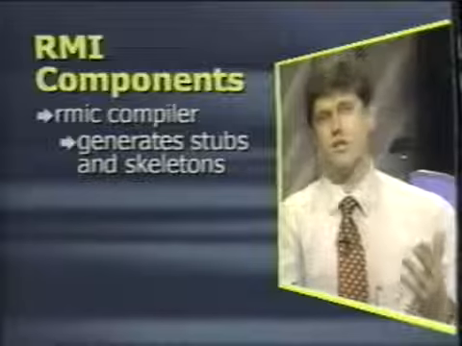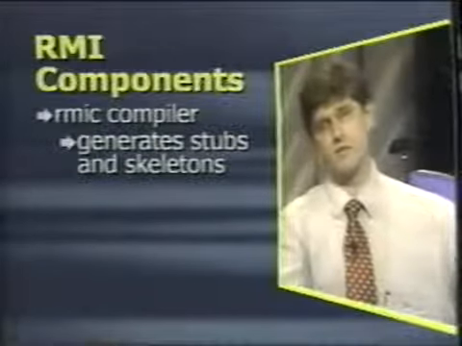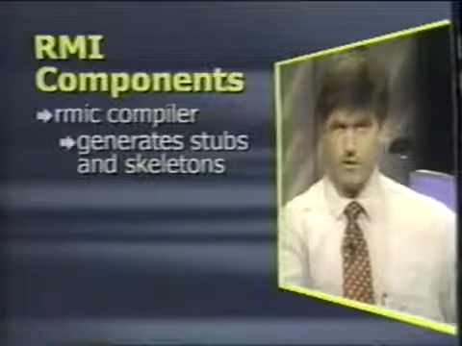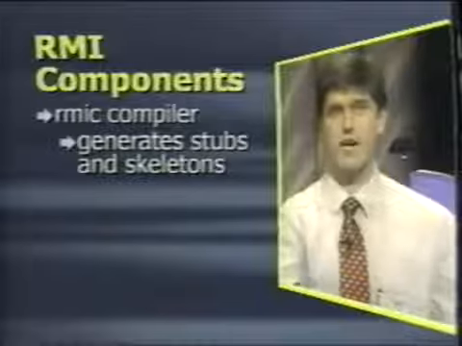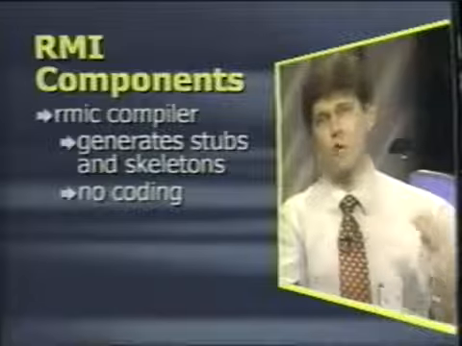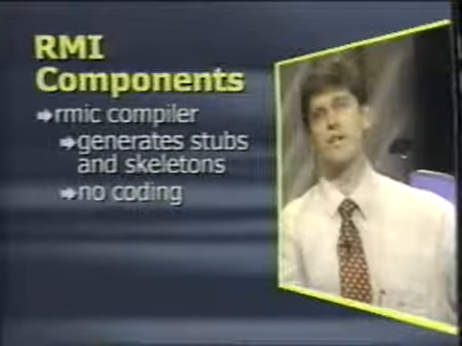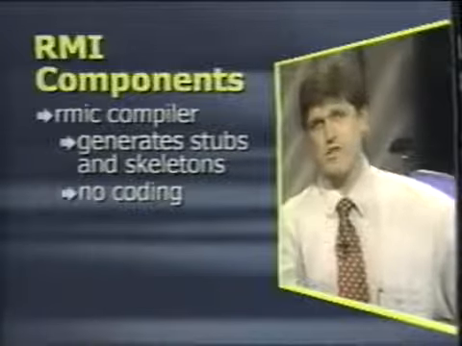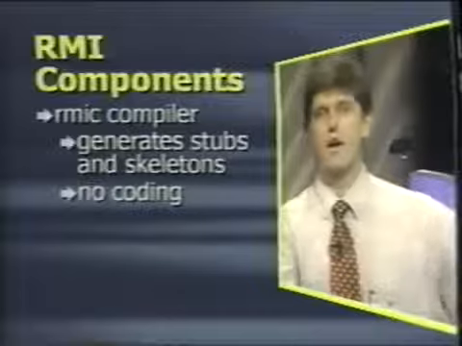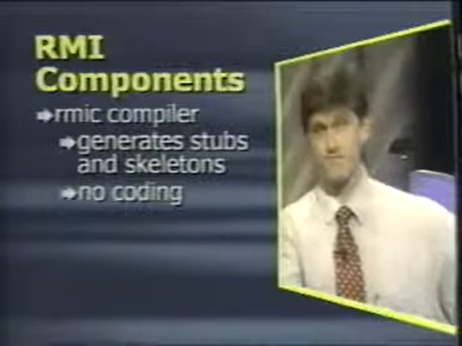The Java development kit, the JDK, also comes with this RMIC, this stub compiler, that will generate these stubs and skeletons for you without any coding. You basically just take your compiled .class files, you run RMIC with these as parameters, and it will output the appropriate stub and skeleton files. This is just an additional compilation step.